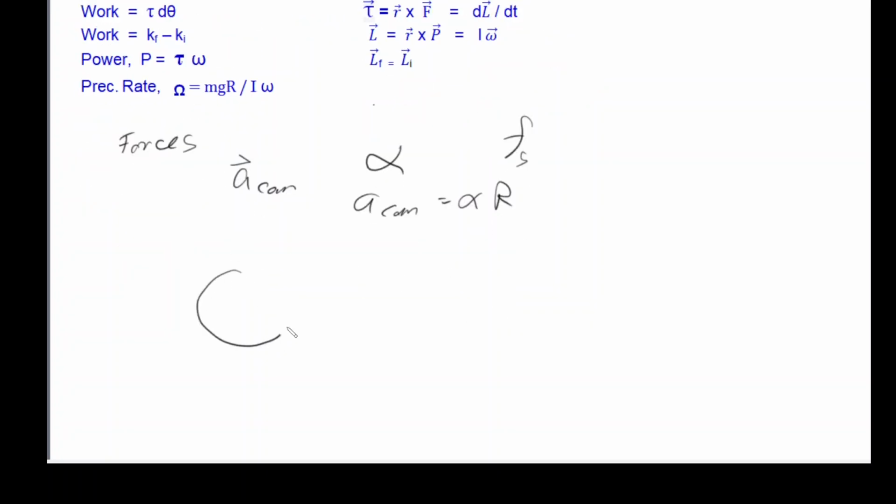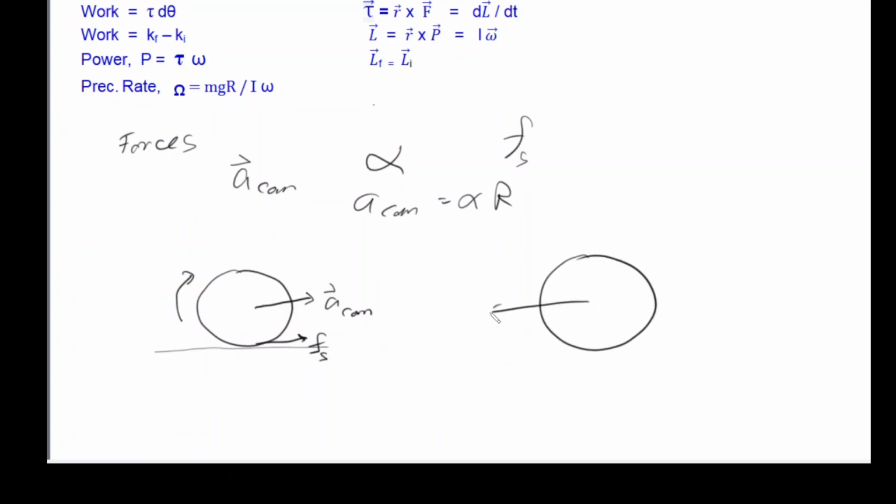You have a wheel that has an acceleration of the center of mass, a linear acceleration, and here's the surface, and you have a static frictional force, and in this case the wheel is speeding up.